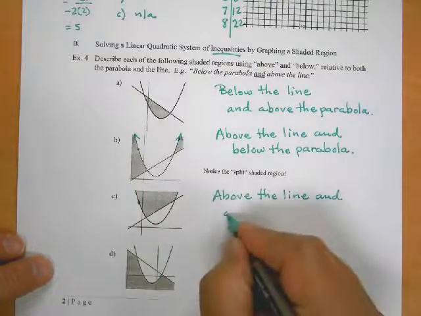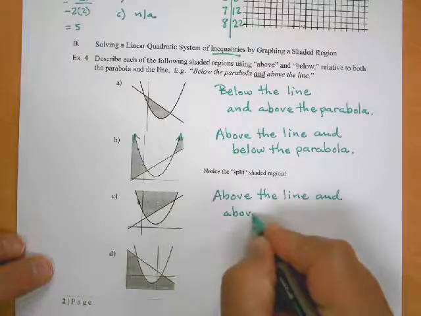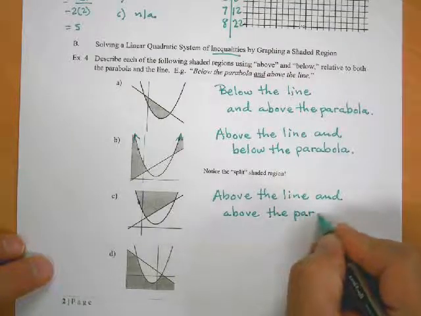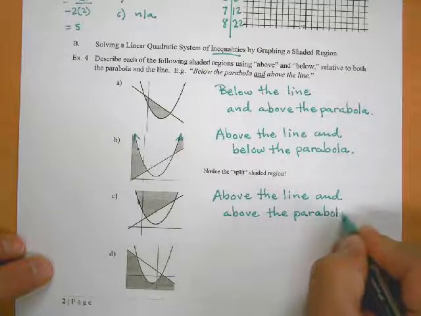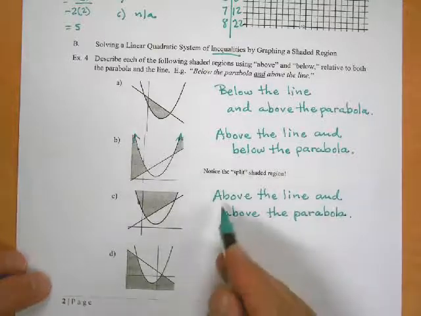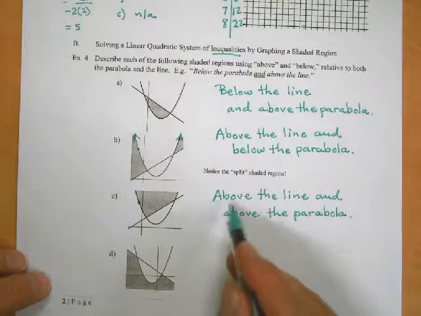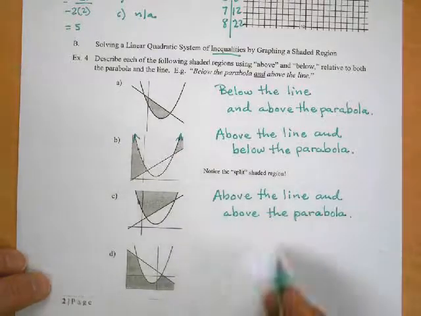So this is above the parabola. This sentence could have been phrased like this: above both the line and the parabola.